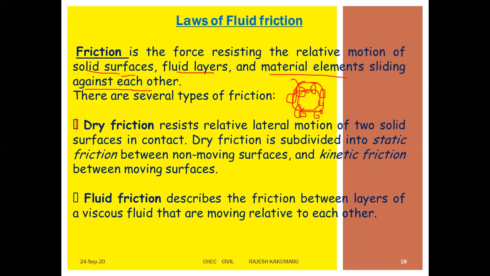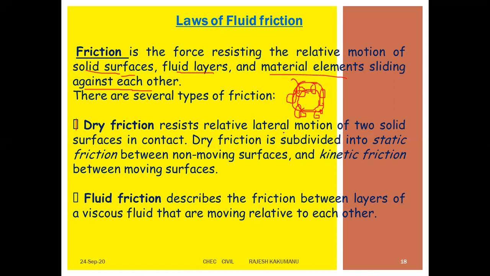The dry friction resists relative lateral motion of two surfaces in contact. Okay, so it resists the relative motion of the two solid surfaces which are in contact. The dry friction is subdivided into static friction between non-moving surfaces and kinetic friction between the moving surfaces.